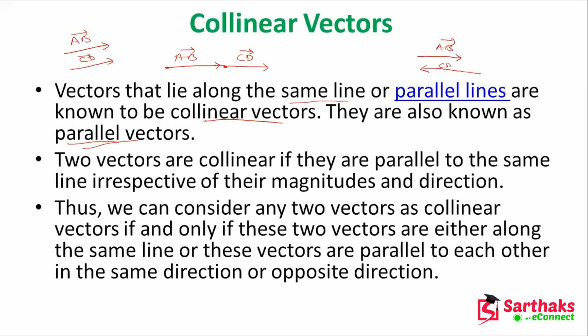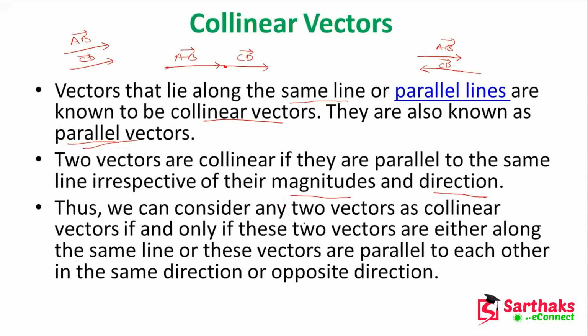If I name them AB and CD, these two vectors are parallel, but the magnitude is not the same, and the direction is also not the same. That means they are parallel. That's why I am calling these parallel vectors or collinear vectors. So two vectors are collinear if they are parallel to the same line, irrespective of magnitude and direction.